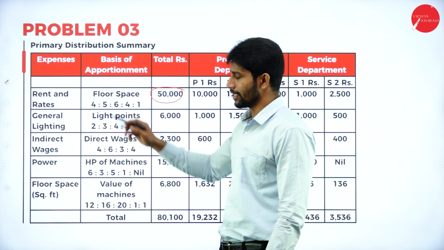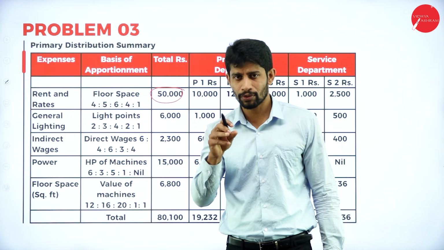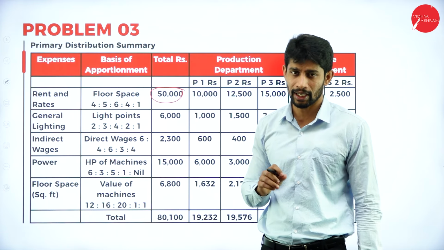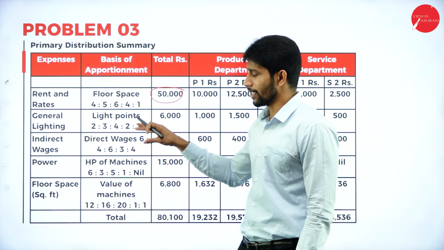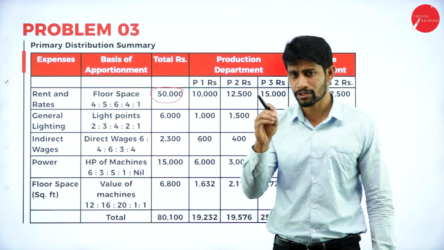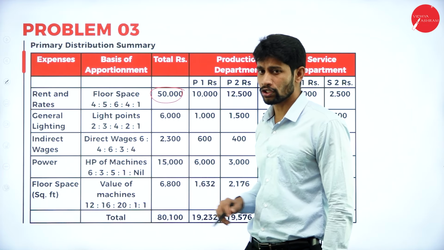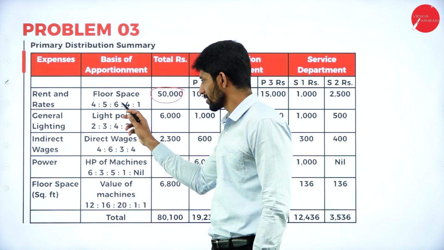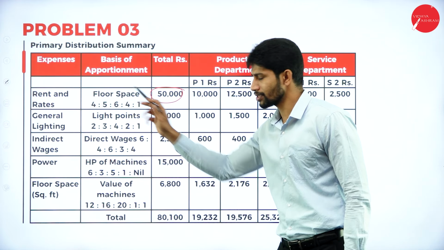Rent and rates is based on the floor area, so we distribute the expenses based on the square feet of area used by the different departments. According to the floor space, the ratio is 4:5:6:4:1. So we'll be distributing this 50,000 based on this ratio.